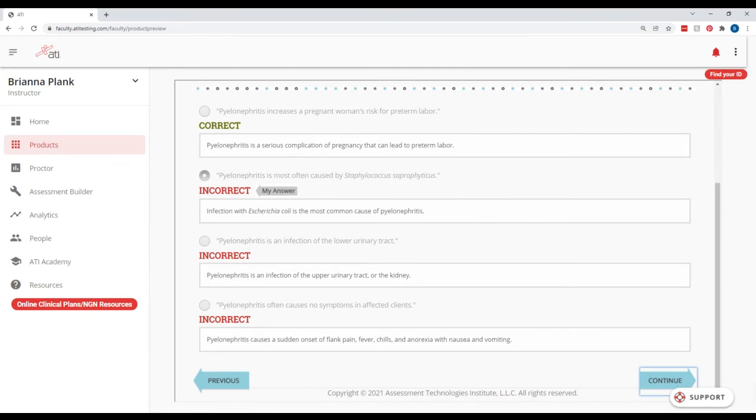It's definitely going to cause symptoms. You're going to have patients become really, really ill with high fever. They're going to come in just feeling terrible, with nausea, vomiting, also reporting flank pain. So those kidneys have become inflamed. Whenever you hear flank pain, think kidneys. Those kidneys are just really inflamed and painful.